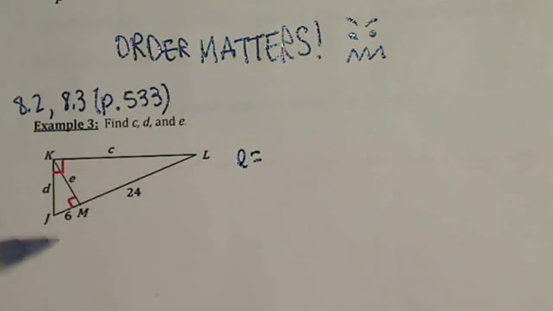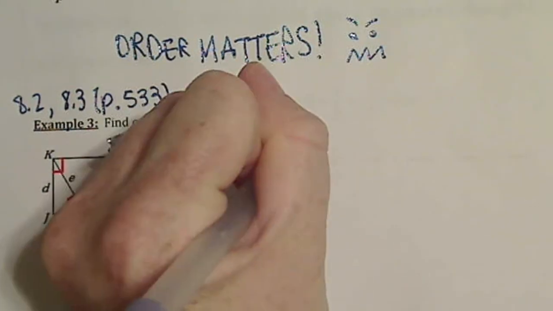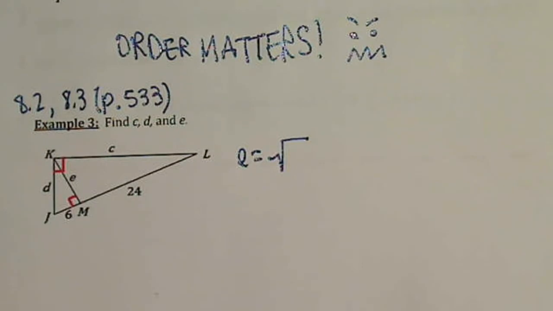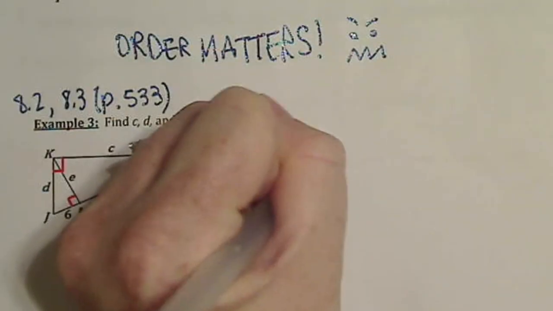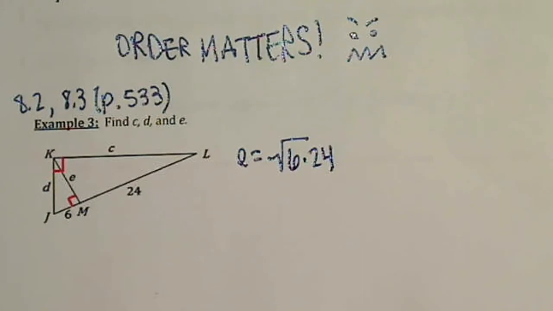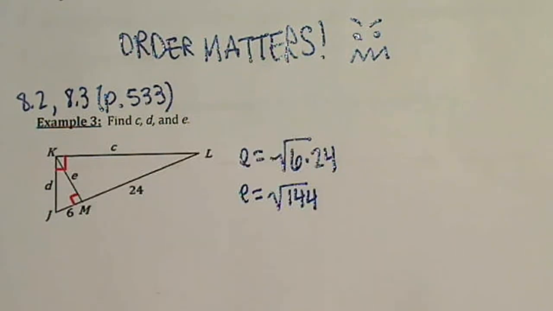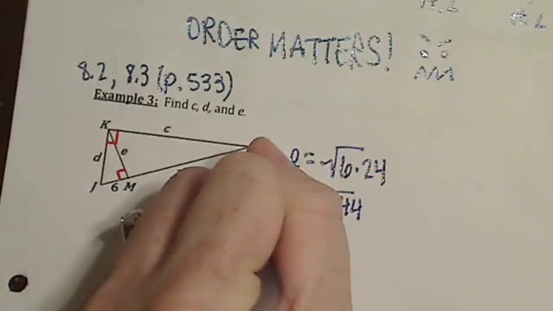And letter E, if you look at Theorem 8.2, says it is the geometric mean between your two sides right here, 6 and 24. So on our calculator, we are going to figure out what 6 times 24 is and take the square root of that. So E is the square root of 144, which we all know is 12. So E is 12.